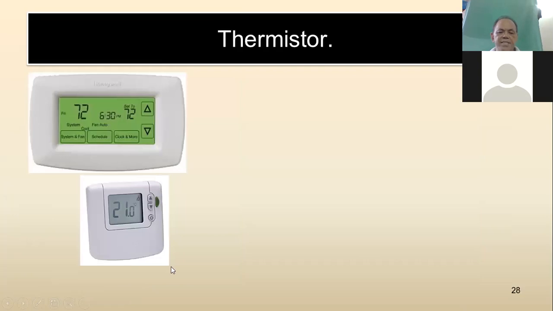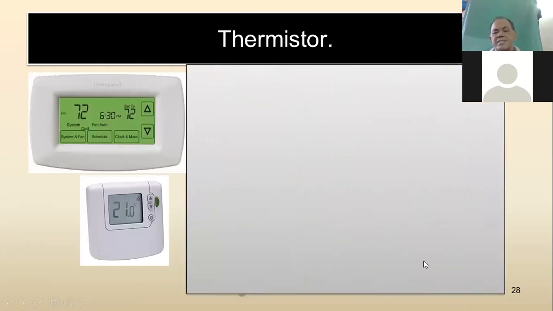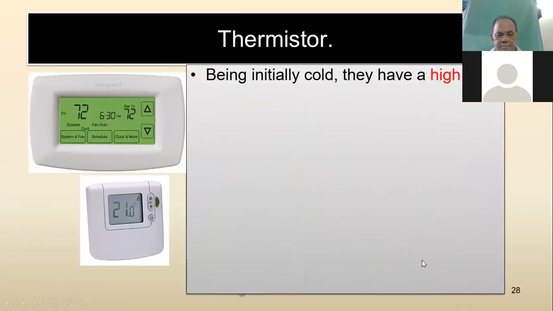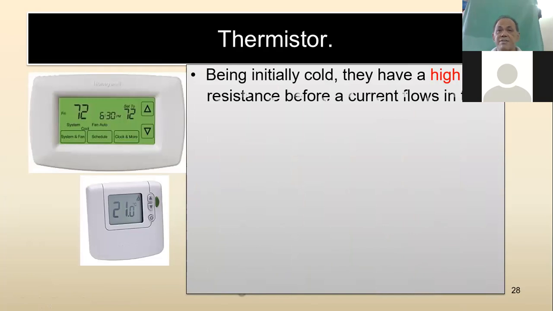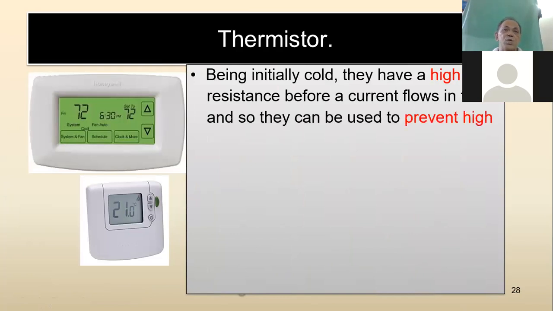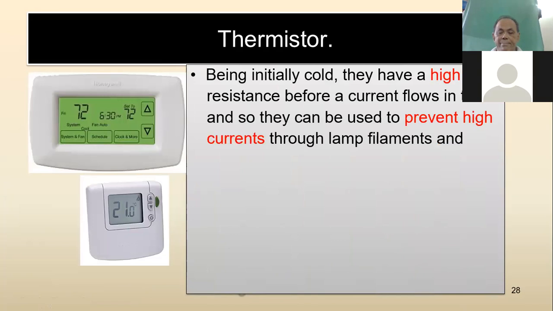There are practical uses of the thermistor, such as in a thermometer. Being initially cold, it has a high resistance. What's the advantage? In certain circuits, we do not want a high current to flow when we switch on, for example a lamp or motor.